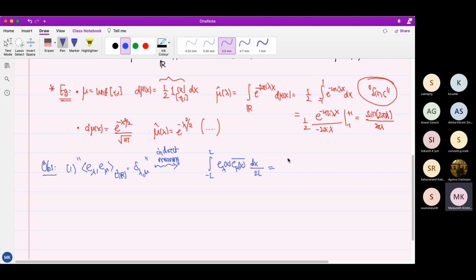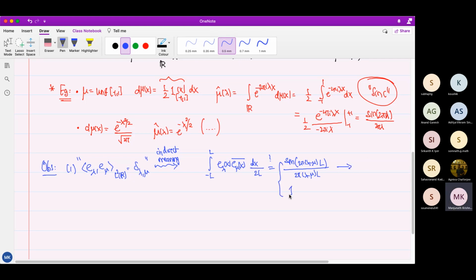Can somebody tell quickly? So we'll get sine 2 pi lambda minus mu L over 2 pi lambda minus mu L. Is that correct? I mean, something like this, but which anyway goes to 0.